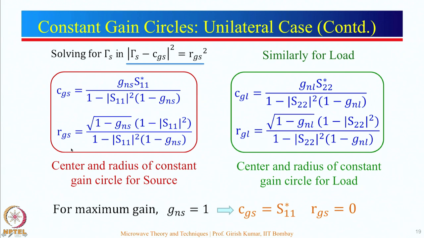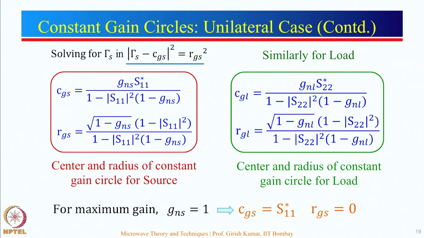Let us see what happens to RGS. When GNS is equal to 1, this becomes 1 minus 1, so that term will be 0. The numerator is 1 minus 1, this term is 0, but the denominator will be 1 minus 0. So, this particular thing becomes equal to 0.